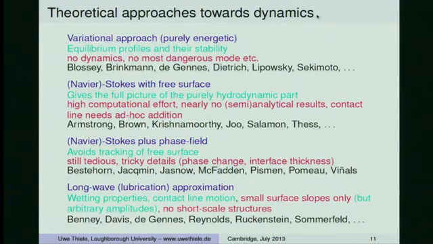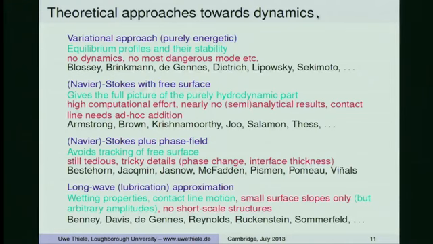But if you do the dynamic calculation, you find the dynamically most unstable mode is the one where the wavelength is of the order of magnitude of the diameter of the ridge. So this approach would give you the stability, but not tell you what the system does.